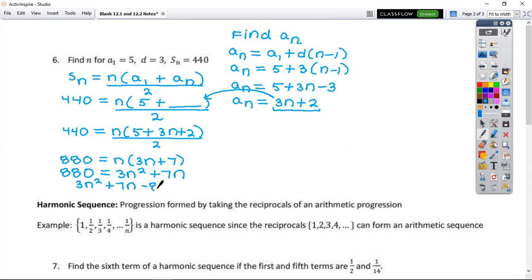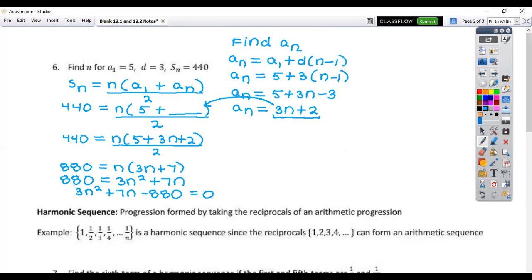minus 880 equals 0. Now, there is nothing in this question that states that you must do algebraic work to get this answer. So I guess I'll give you guys the option. We can do factoring, or I can show you the fast way to get this on the calculator. What do you prefer? Fast way. Okay. So go to your y equals.